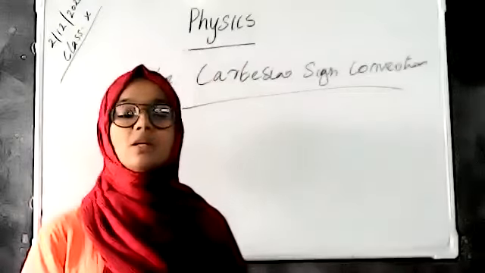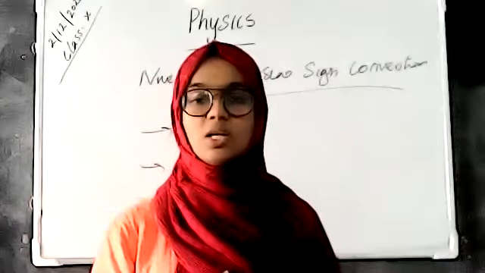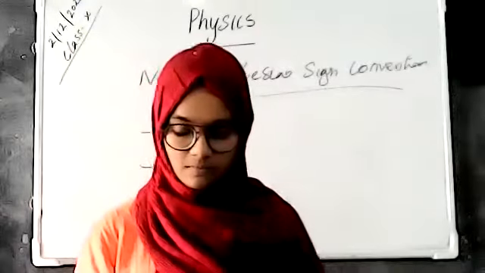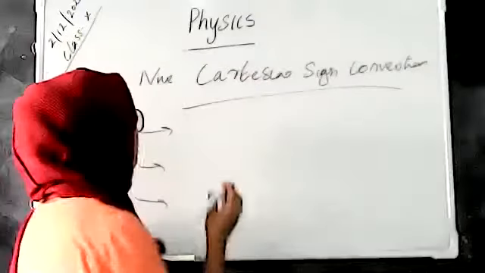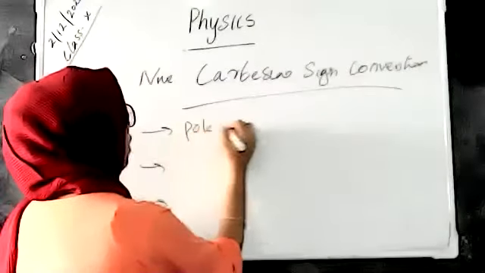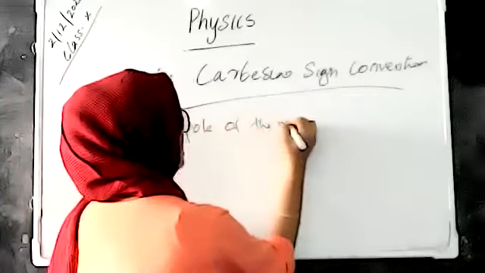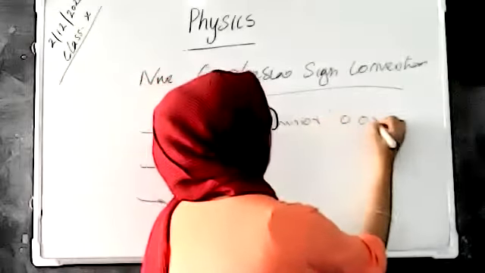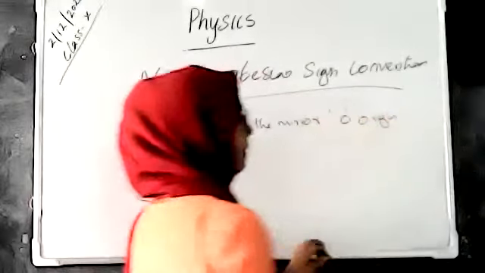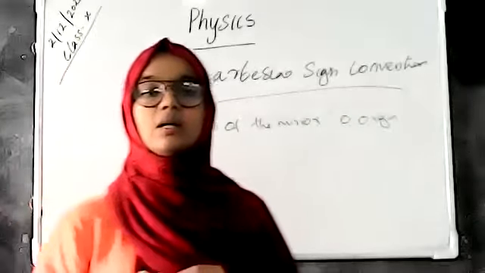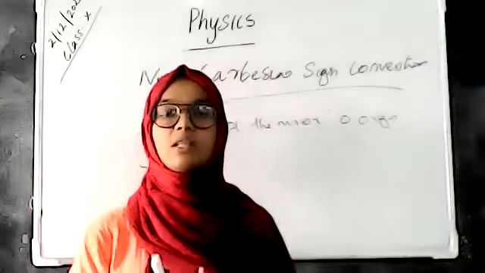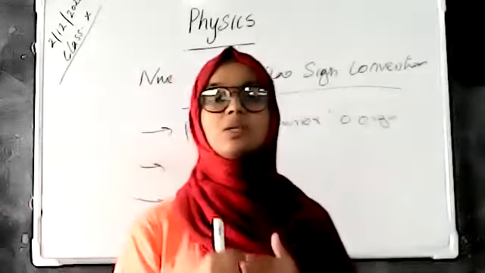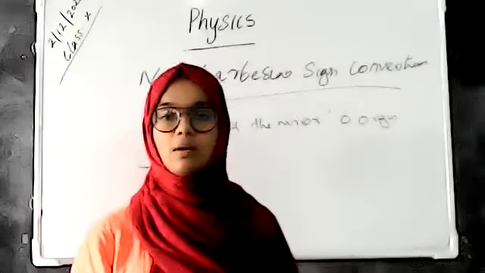The first point in the new Cartesian sign convention is that the origin of the graph paper is taken as the pole of the mirror. The mirror is put in contact with the graph paper, and the origin of the graph paper is touched with the pole of the mirror.